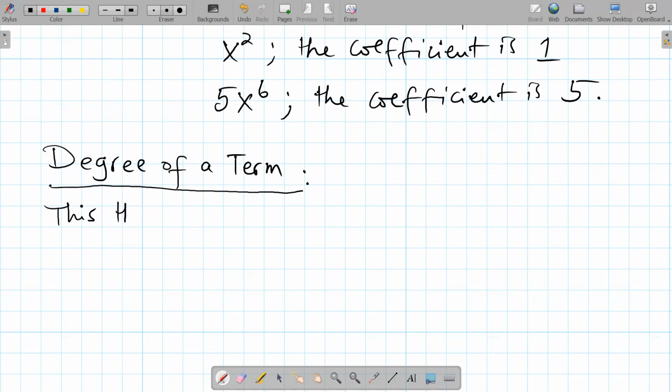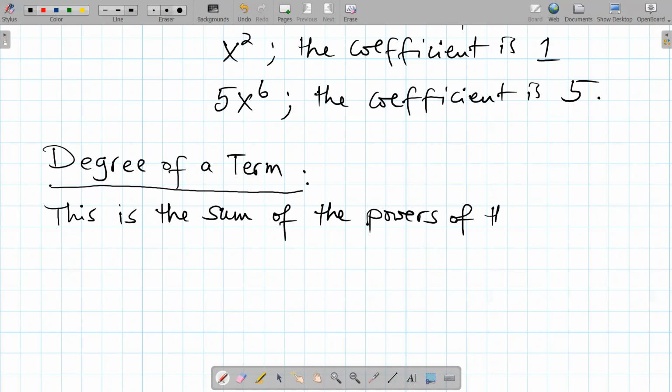This is the sum of the powers of the variables in the term.